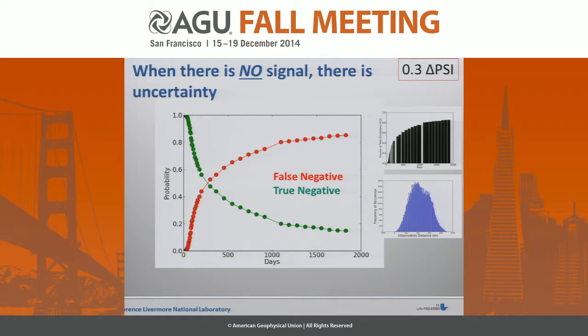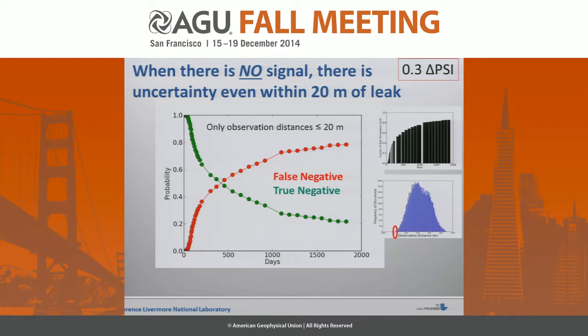we're pretty sure that we're within 20 meters of the leakage location, we can then throw out all the observations that are greater than 20 meters away and just focus on any monitoring well that might be 20 meters away. So we recalculate basically our probability of false negatives and true negatives for just observation distances within 20 meters, and we see that it does change our probabilities of having a false negative.